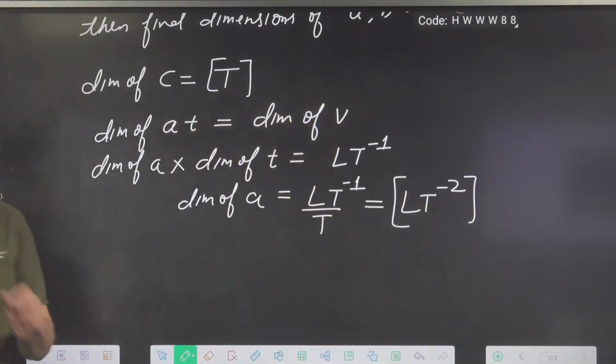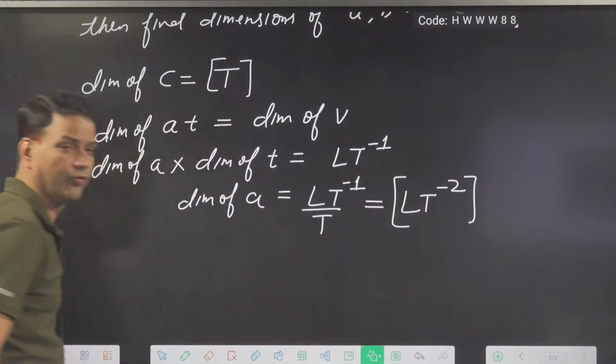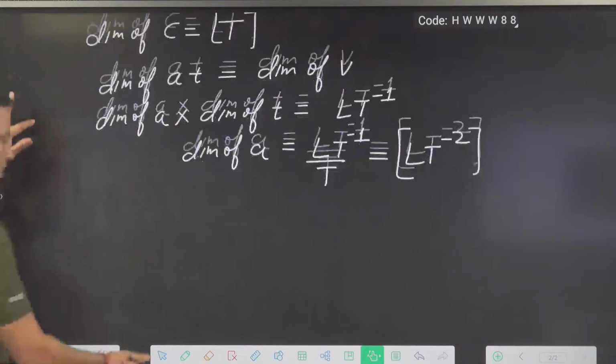So dimension of A is LT minus 2. Completed. Now for the dimension of B, what we will do?